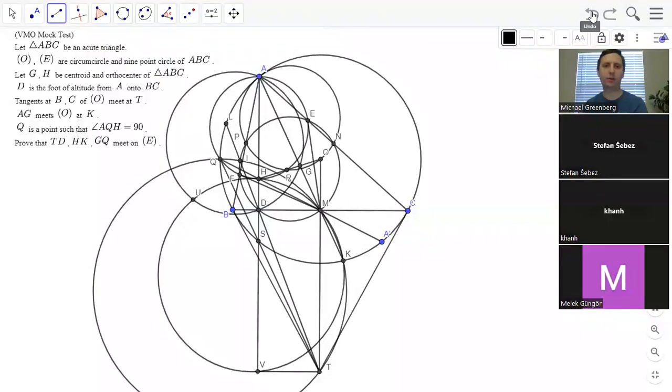Maybe we could use the radical axis theorem somehow, but we'd have to find another radical axis to utilize.